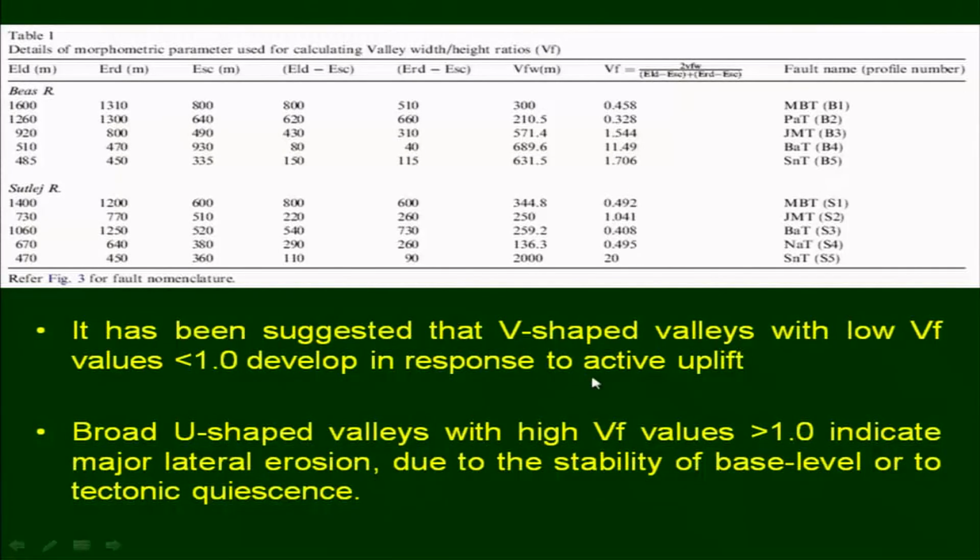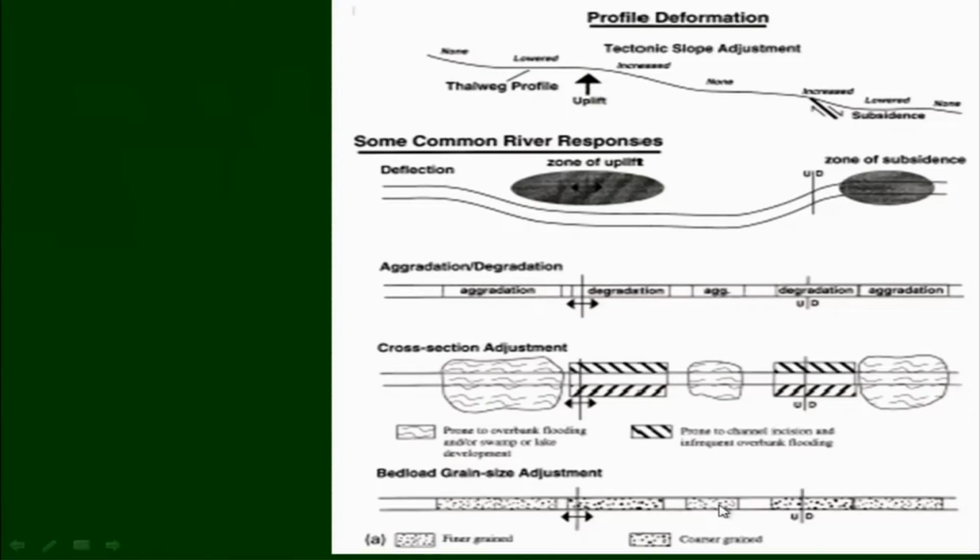So the base level in this region is changing continuously, and the river floor is getting rejuvenated again and again, resulting in erosion and the development of a V-shaped valley, which gives a Vf value less than 1, whereas here the stable base level results in major lateral erosion, resulting in the formation of wider, U-shaped valleys, and the values of Vf will be greater than 1.